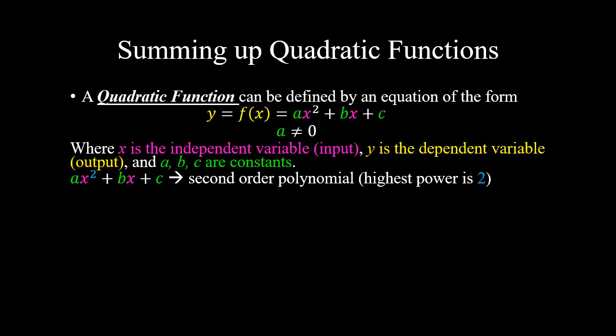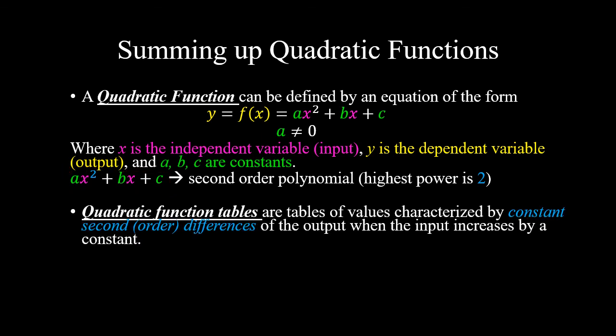And that was important because we learned that quadratic function tables are tables of values characterized by constant second-order differences of the output when the input increases by a constant, okay?